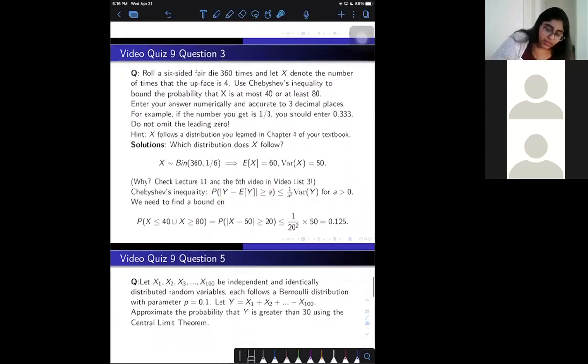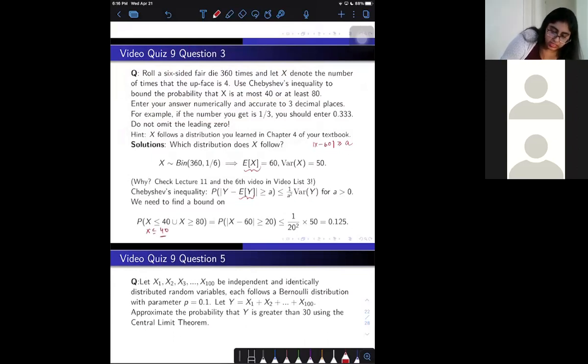Now we have to see how to put this in the format of Chebyshev. We have the variable X, so I have the absolute value of X minus the expected value of X. The expected value of X is 60. So I need to see how to bound this. X is less than or equal to 40.